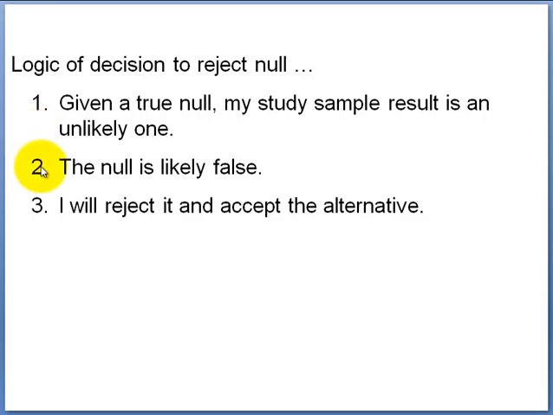And from there you jump to the conclusion the null is likely false, and therefore you reject the null. So in essence, if the null is true, the result is a very unlikely one. Therefore, the null is likely false, and you reject it.